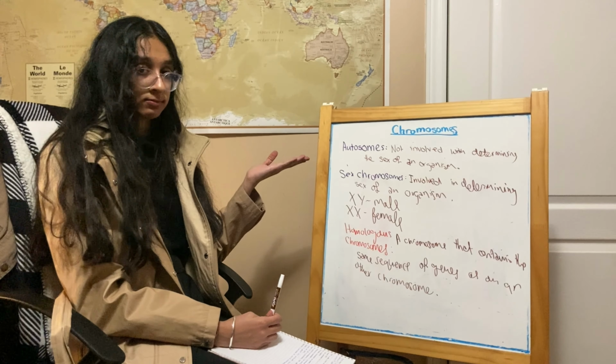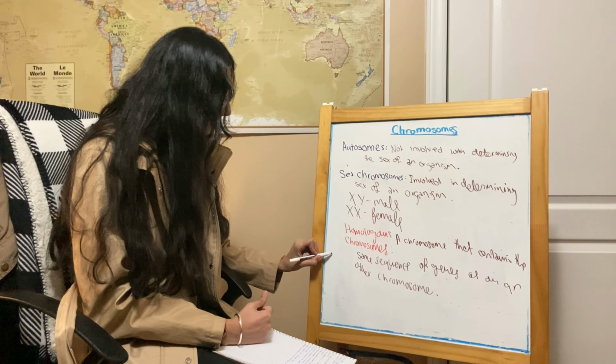So, that is what a homologous chromosome is. And they would look a little bit like this.